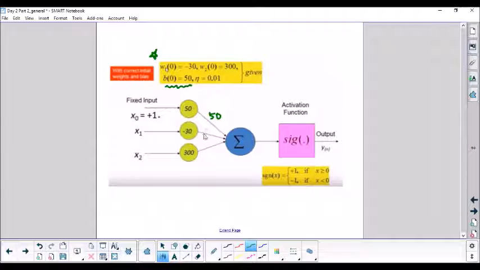Then after they got these two values, what they do is a summation, a dot product summation. So you're going to have x0, x1, x2, all the inputs, dot product with all the weights: 50, negative 30, then 300. The result of this dot product goes to the activation function as an input.